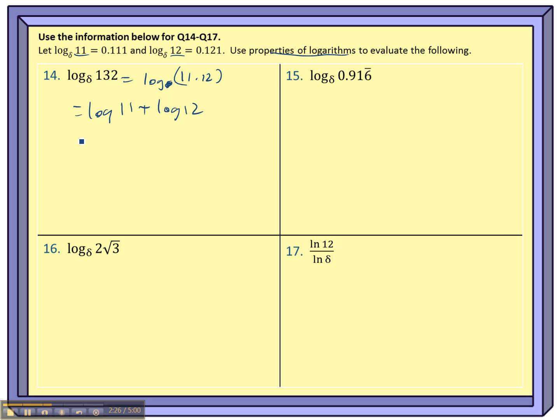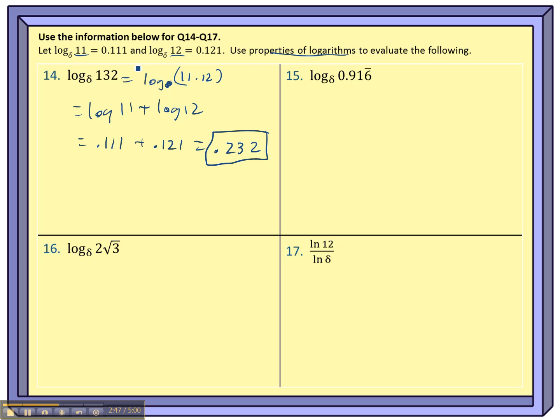Log of 11 I already know as 0.111, and for log of 12 is 0.121. So when I add those two together, I get 0.232. Done.